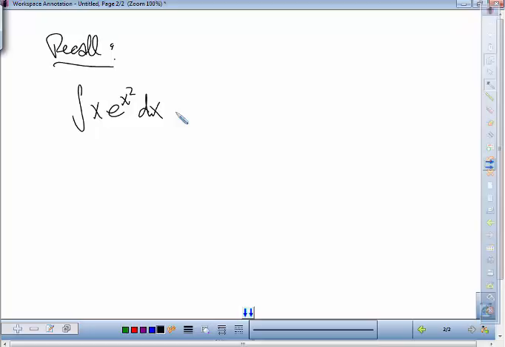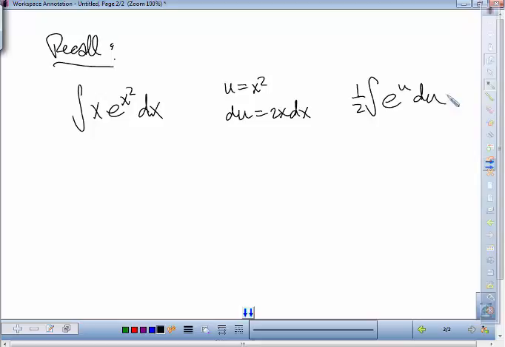What we did was we tried to transform this into something different so that we can manage it better. So now we can actually integrate it if we move to a different domain.